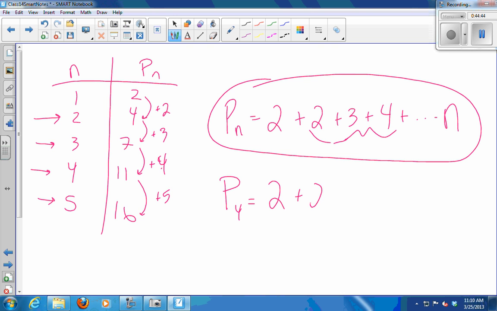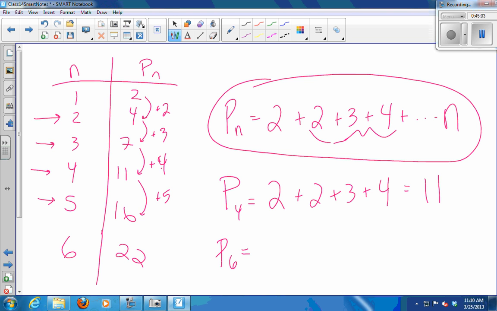So I have plus 2 plus 3 plus 4. 2 plus 2 is 4, plus 3 is 7, plus 4 is 11. So let's say I wanted to find P6. According to my recursive rule, that would be 22.